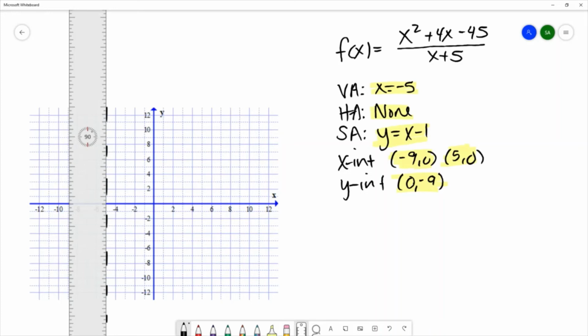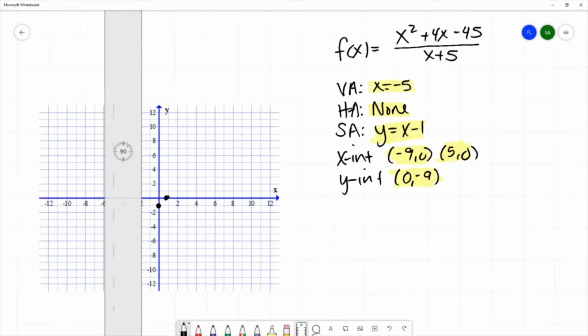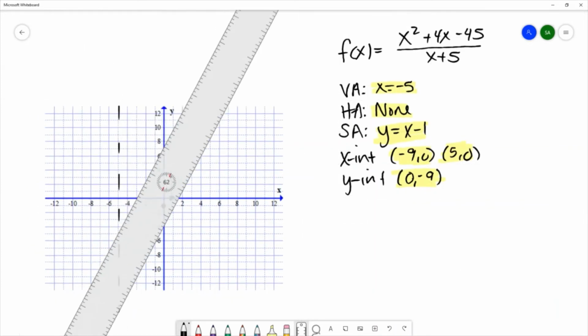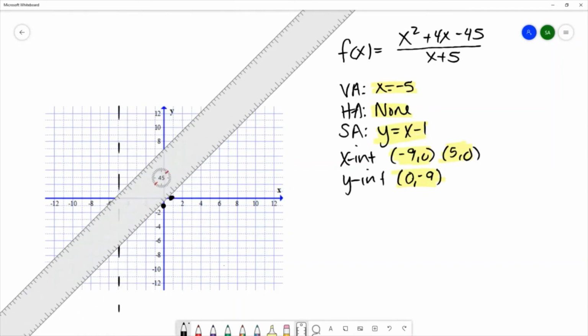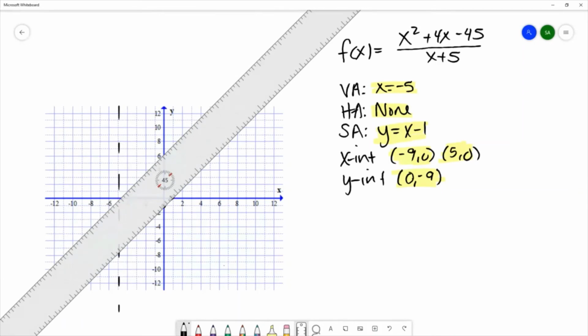And then we have a slant asymptote, and our slant asymptote has a y-intercept at -1 and a slope of 1, so I'll rise 1 and run 1, and I'll connect those 2 points with a dashed line to indicate where the slant asymptote is.